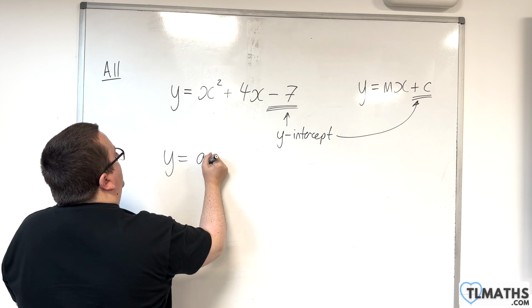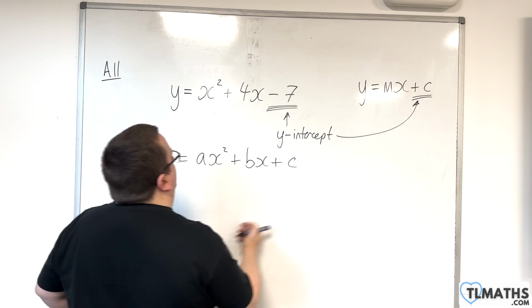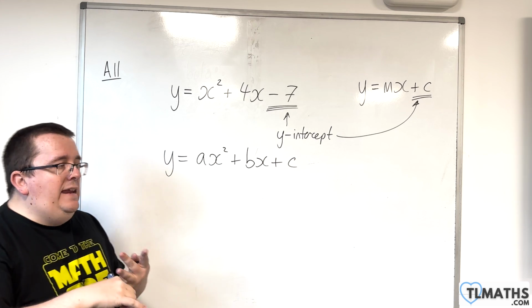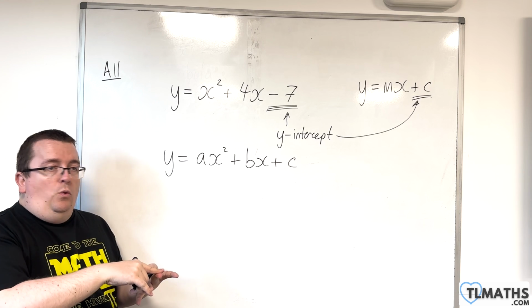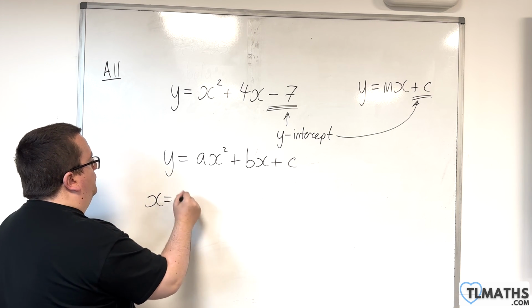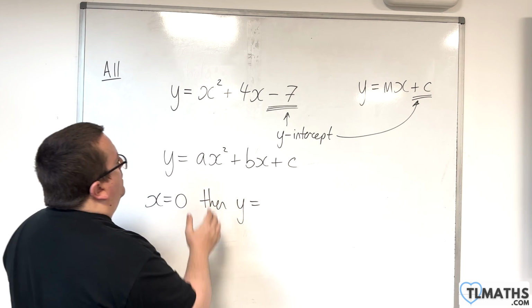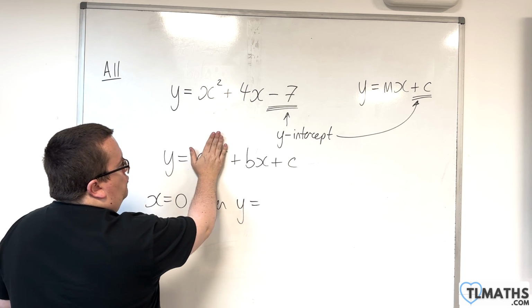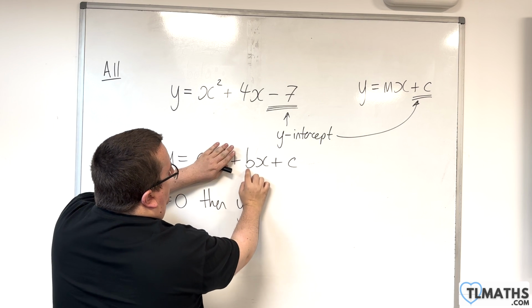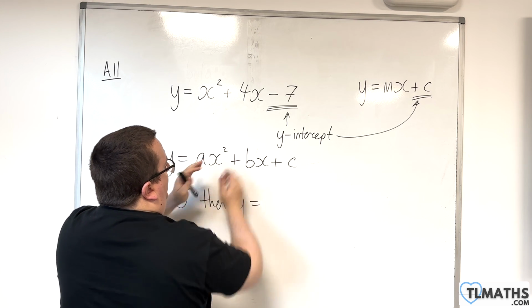Well, if we've got y equals ax squared plus bx plus c, so this allows for any a, any b, any c you want. If x is 0, then this term is 0, and this term is 0, and you get y equals c.